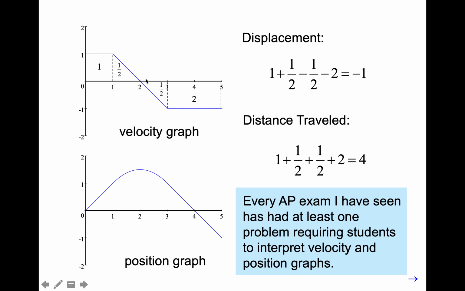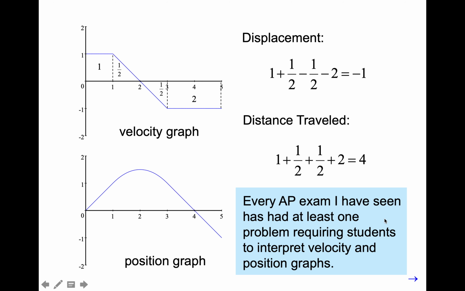And we do know from 3 to 5 that the slope is -1. So you can get clues from the velocity and relate that to the position.